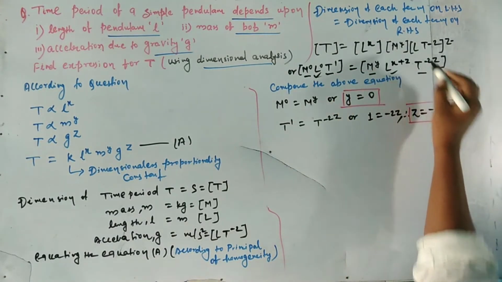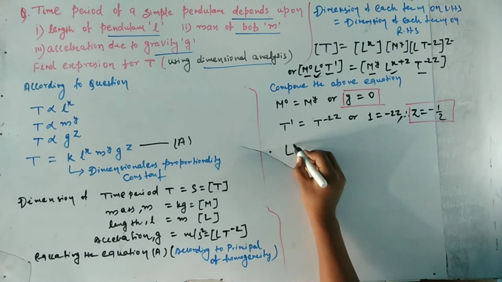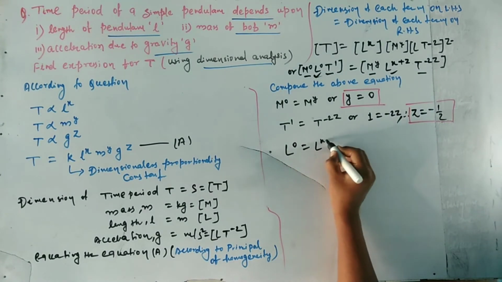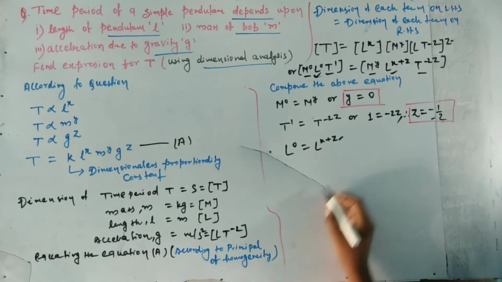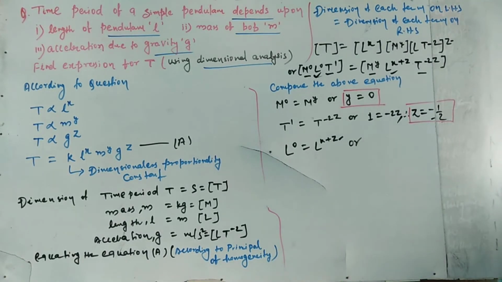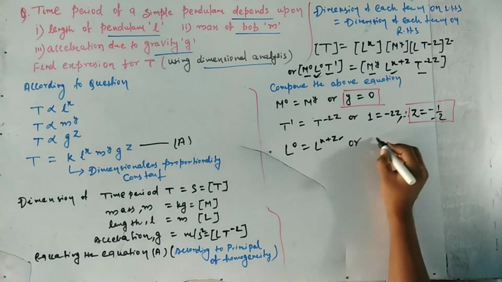Next term is L. Now we compare L. L to the power 0 is equal to L to the power x plus z. L cancels, then 0 equals x plus z.